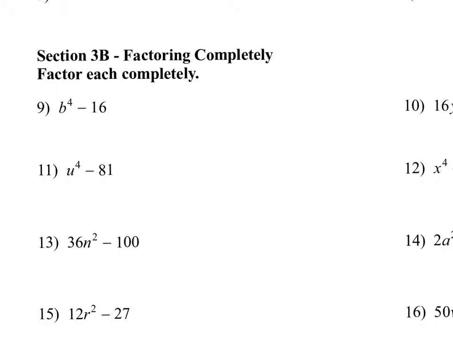In section 3B here, we're going to look at what's called factoring completely. That means you need to take all the factoring things you know and factor as far as you can. Your first step in every factoring problem is to factor out a greatest common factor from each of the terms if there is one.